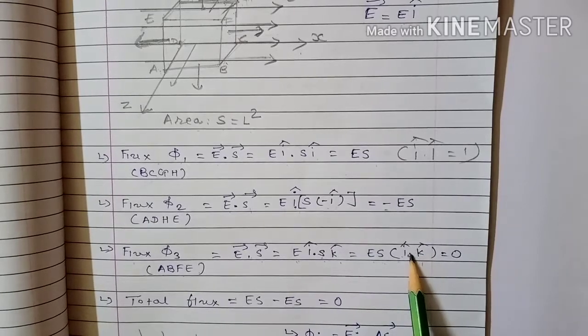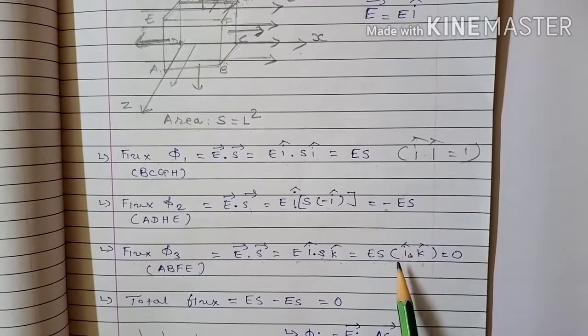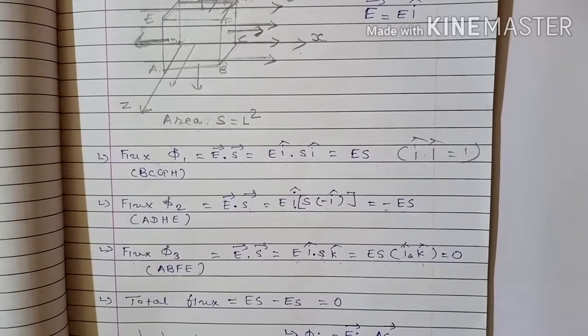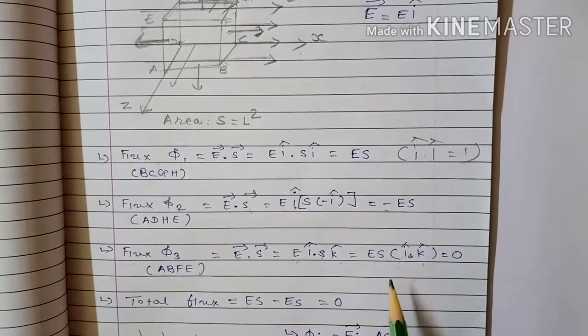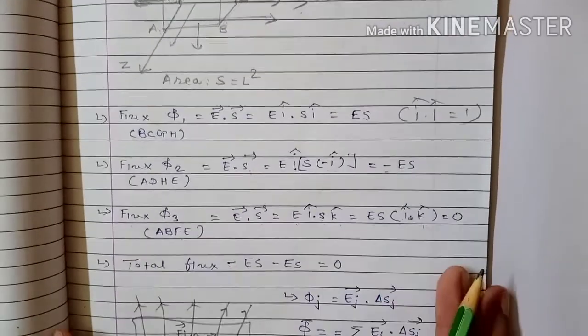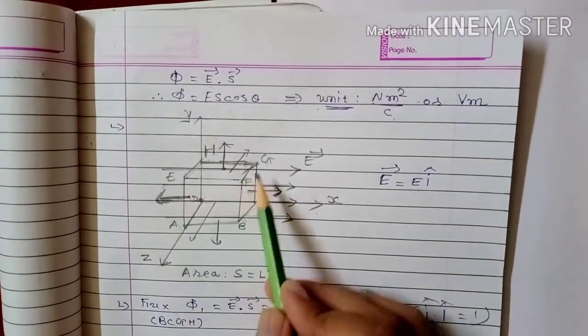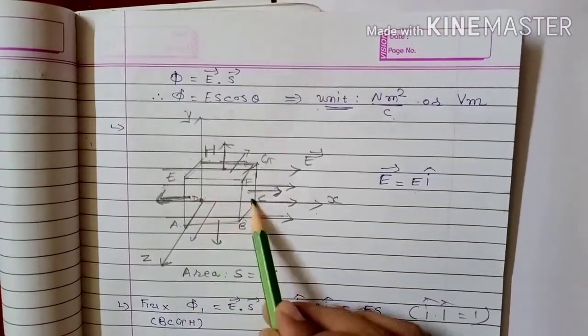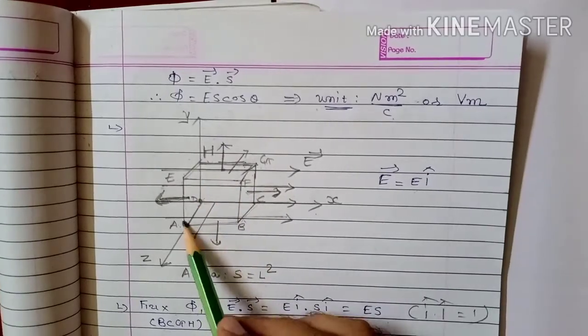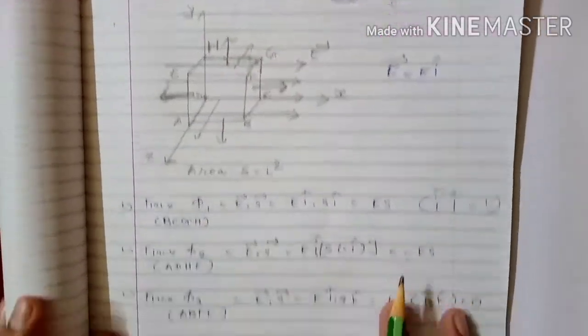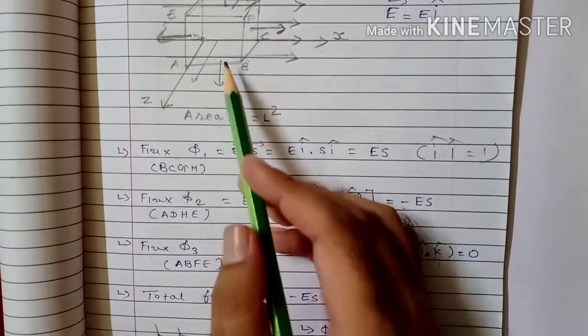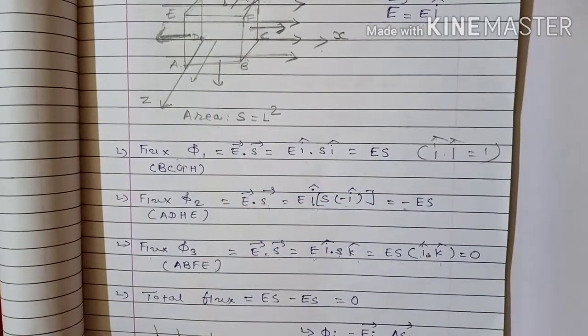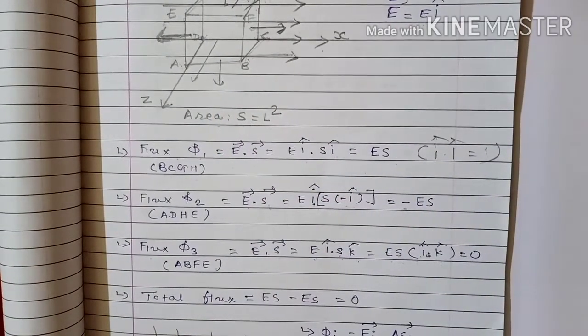When we remove dot, we have to apply cos 90, that is 0. Therefore I cap dot K cap is 0. About this we have already studied in standard 11. For any other surface, if you want to find electric flux, EFGH, DCGH, or ABCD, for all of these, area vector is perpendicular to electric field. If area vector is perpendicular to electric field, then you will get a flux 0.